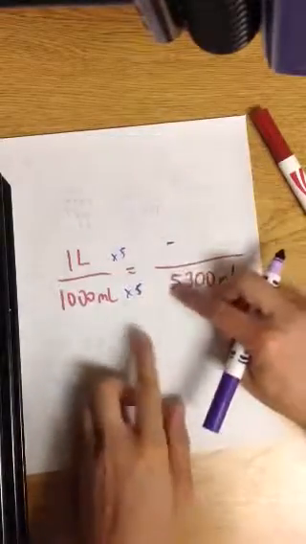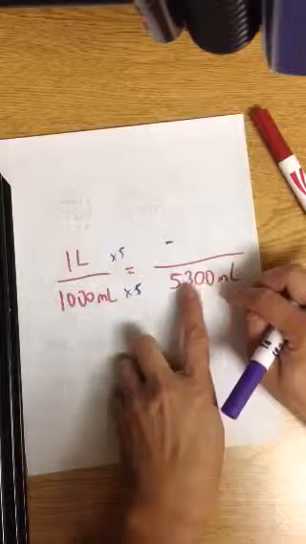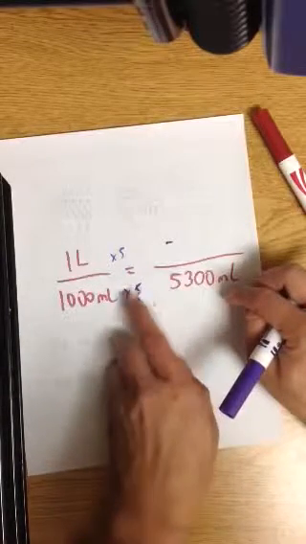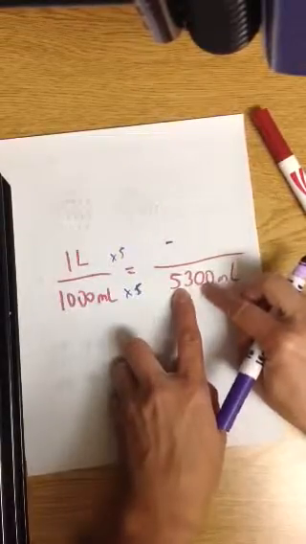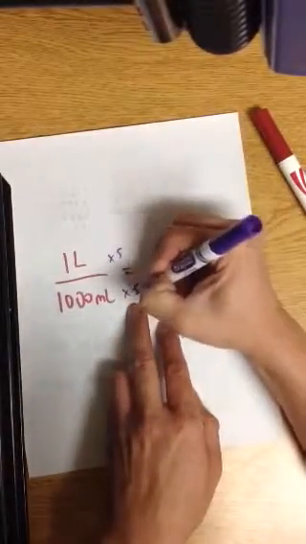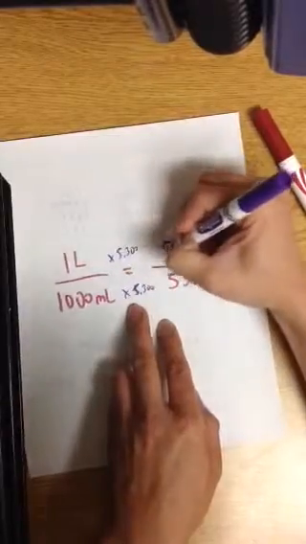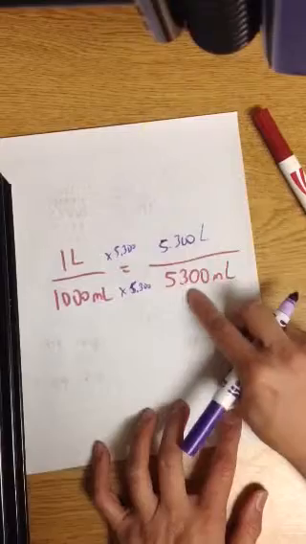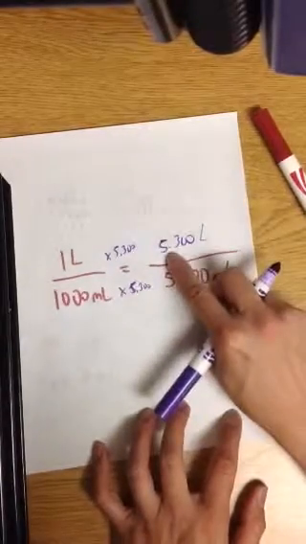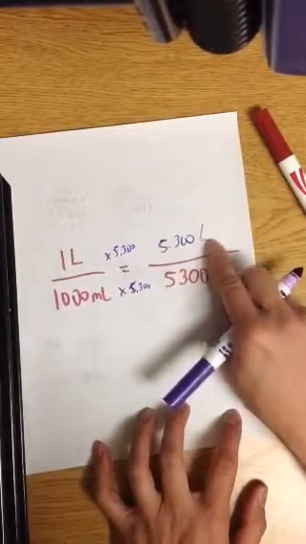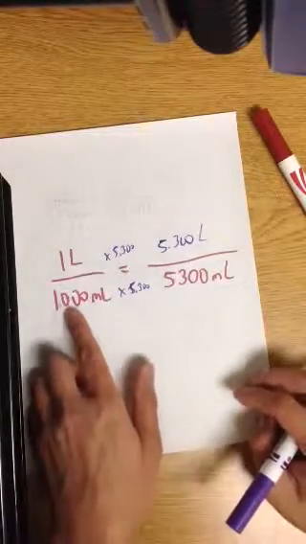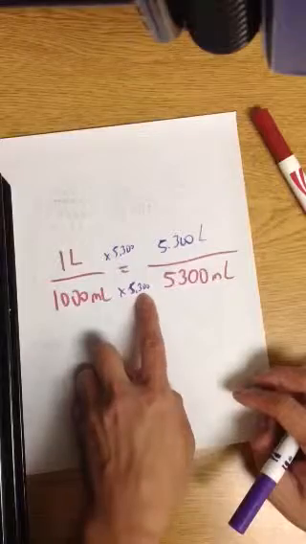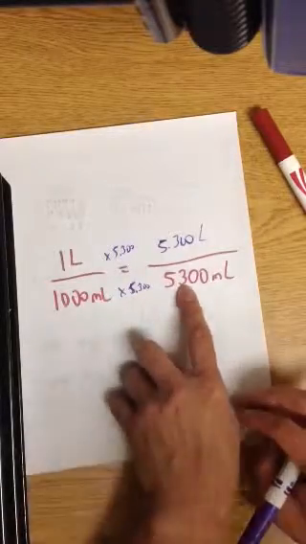If 5 times 1,000 is 5,000, what is your leftover? Your leftover is 300 thousandths. So 5,300 milliliters is the same as 5 and 300 thousandths liters. If you multiply 1,000 by 5 and 300 thousandths, you get 5,300.